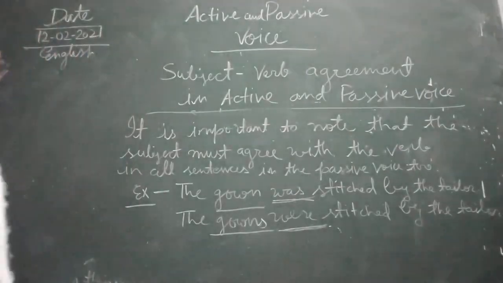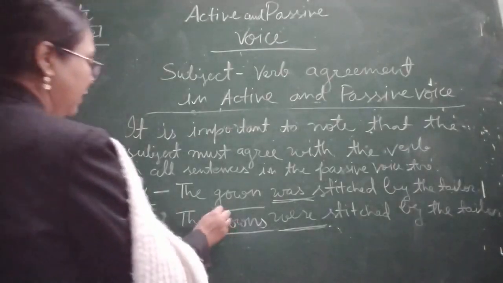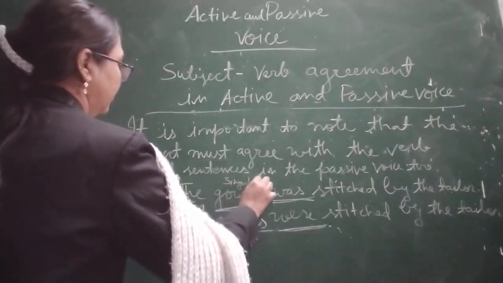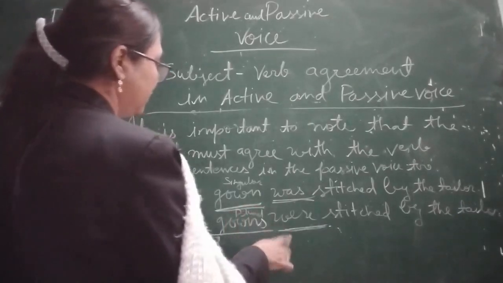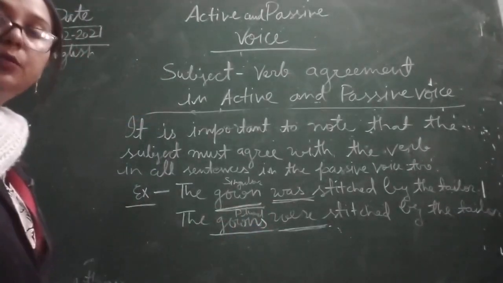Okay? Now, if you can see, this is singular, and this is plural. So according to this, we will change it. Okay children? Now we are moving to the next.